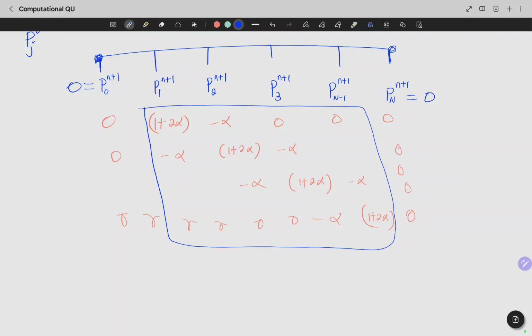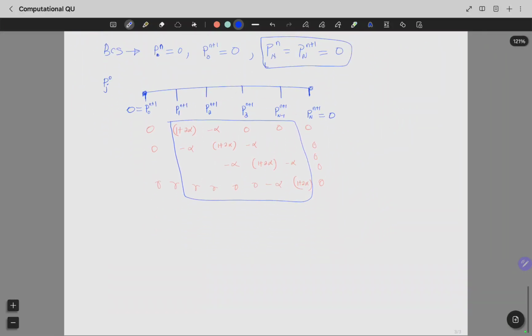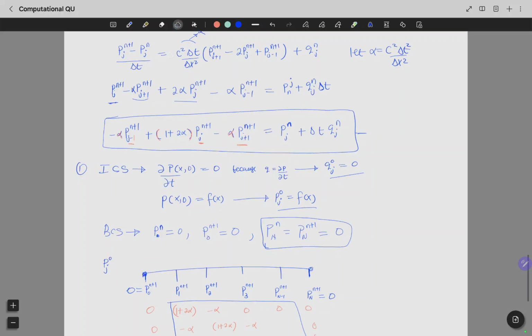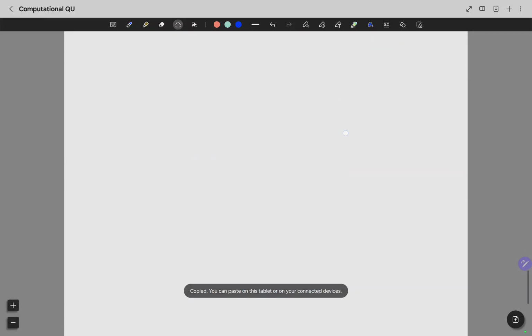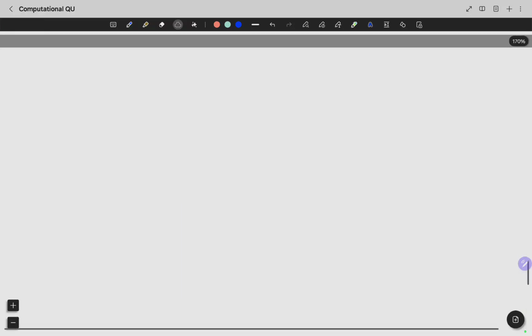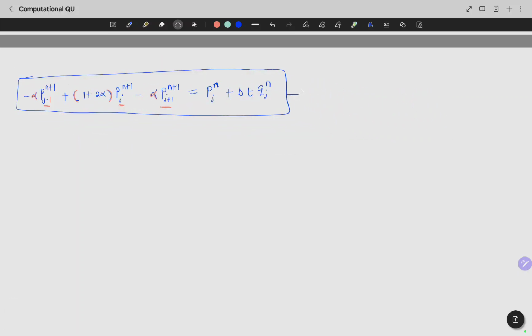And that's the idea. So what do we get from our equation? Let's copy this so we can see it clearly. What we see is PJ.